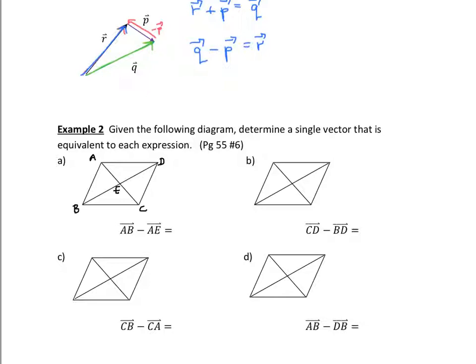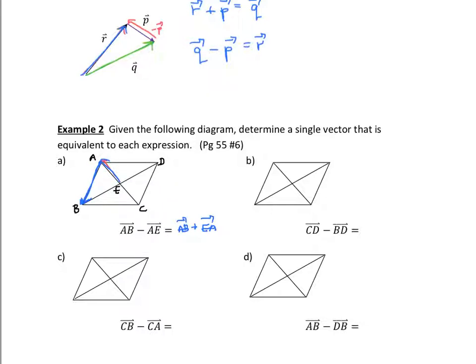Vector AB is right here, and vector AE is right here. We want to subtract vector AE from AB. We've said that we're going to subtract vectors by adding the opposite. So this would be the same as vector AB plus the opposite vector, which would be EA, just changing the direction. So instead of AE, we have EA. Now we're adding AB and EA together.